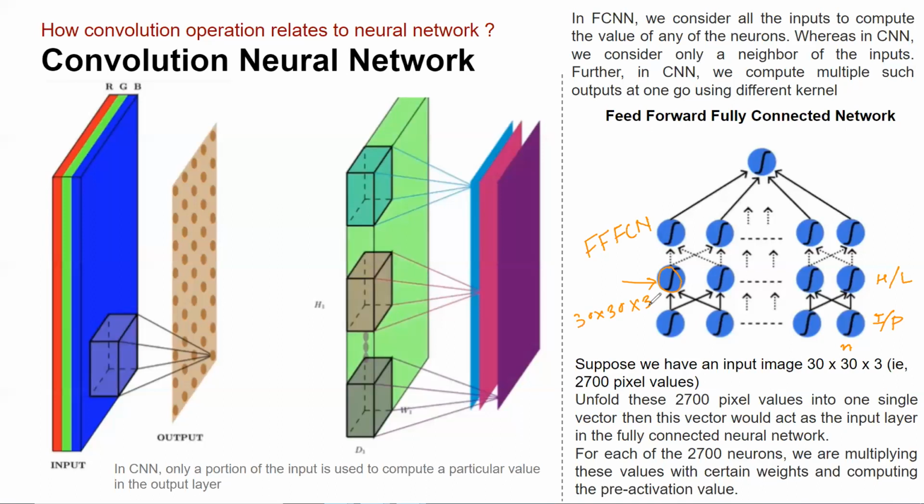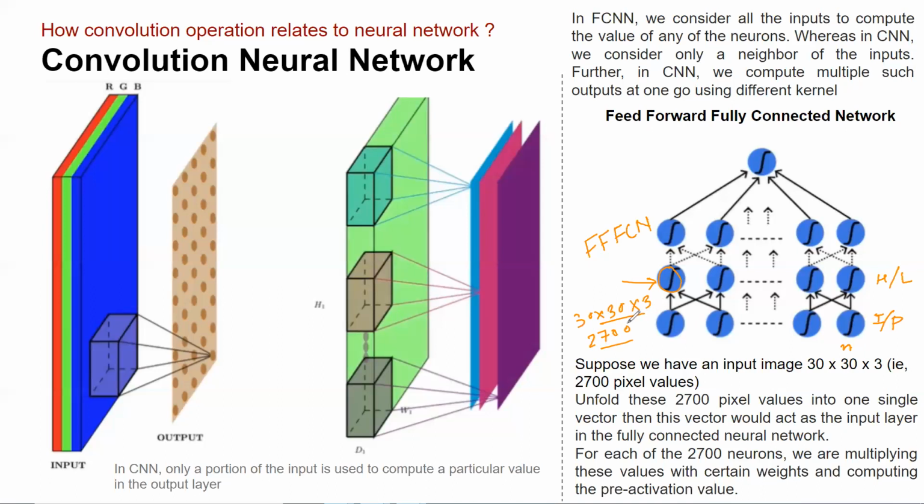If we have to detect that image using a feed forward network, what is the image dimension? 30 cross 30 cross 3, so that is 2700, the total number of pixels.